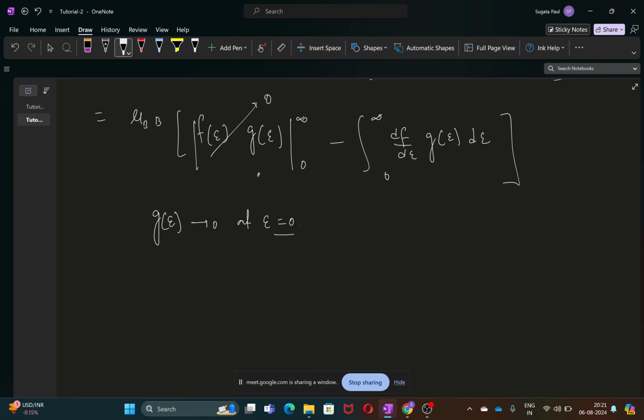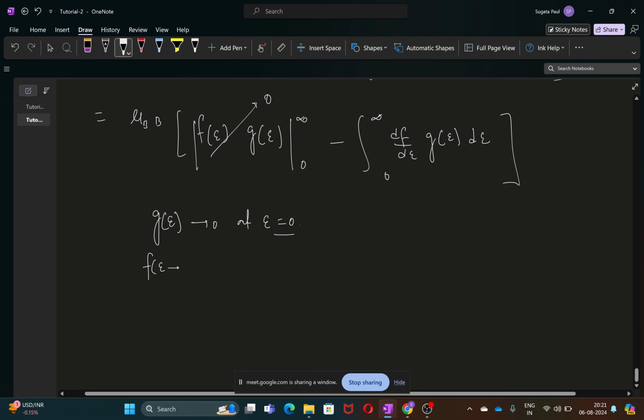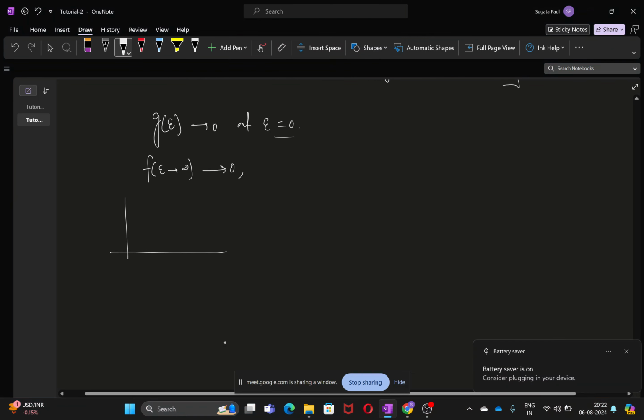Now at the upper limit, at infinity, even if g at infinity cannot be 0, f(E) tends to 0 as E tends to infinity. Why? Because this is the Fermi-Dirac distribution function, which gives you the electron occupancy in the states.